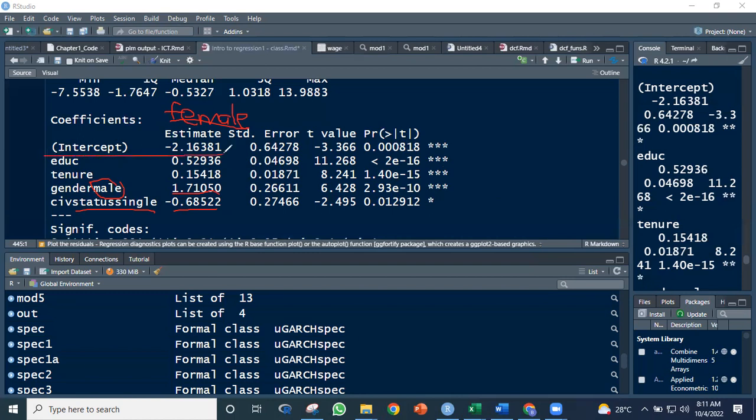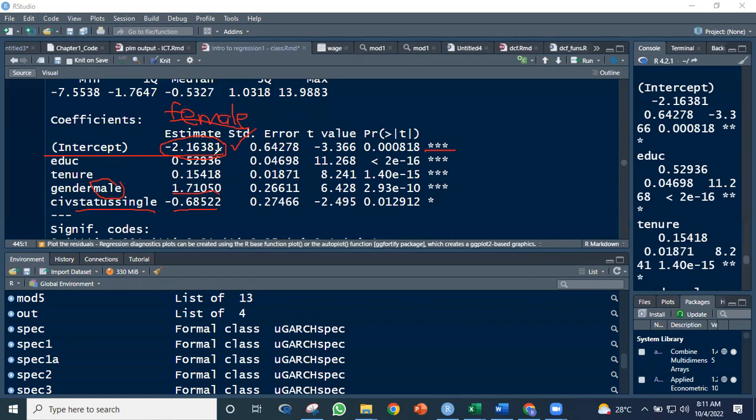And lastly, the intercept. How do we interpret this? Although there's no practical meaning for this, if we're including the intercept, and we said even if it's not significant, we still include it in our model.